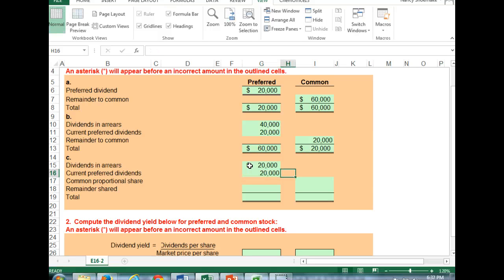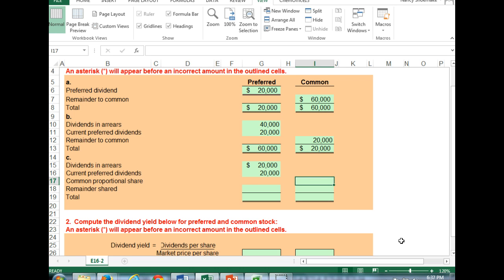And what does it mean if they're participating? If preferred stock is participating, what the preferred stock gets, the common stock is going to get also.